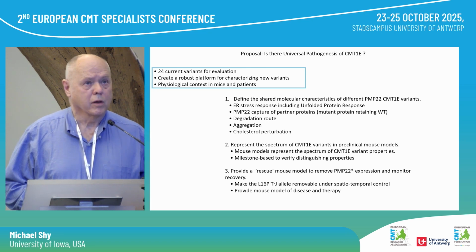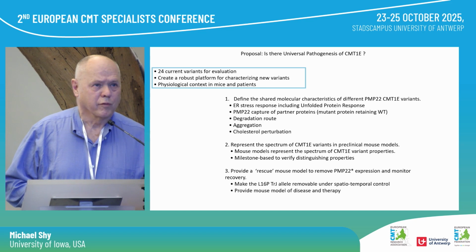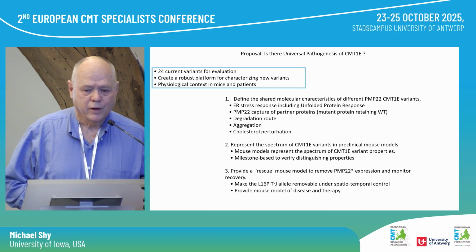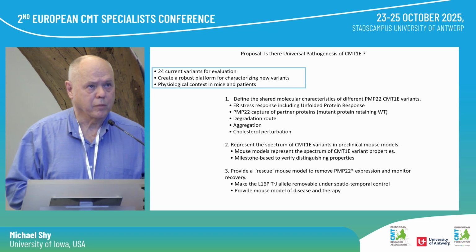And then we plan to make mouse models looking at several of the different pathogenic mechanisms we see, and then to develop a rescue mouse to see what happens when we genetically eliminate the cause of the disease at different ages in the mice. And I'll spend the rest of the talk just briefly showing you a few examples of that.